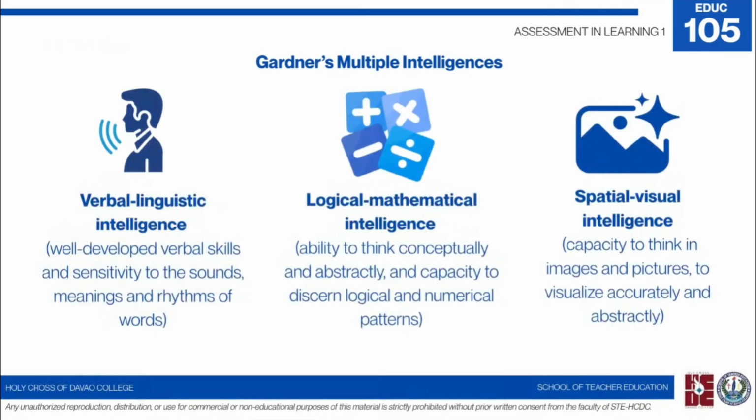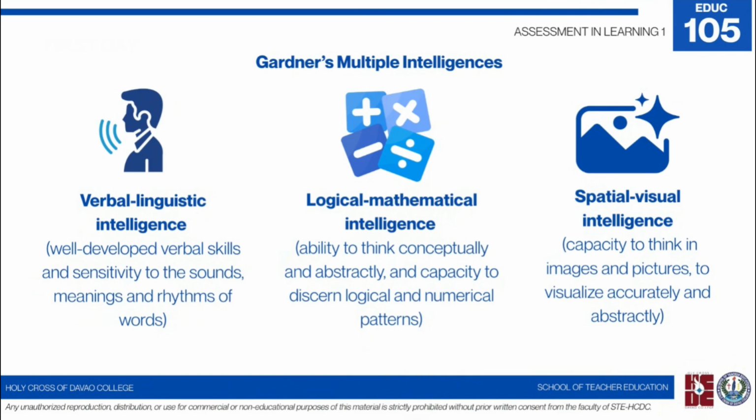Let us now examine our first three intelligences in greater depth. Verbal linguistic intelligence is characterized by well developed verbal skills and heightened sensitivity to the sounds, meanings, and rhythm of words.